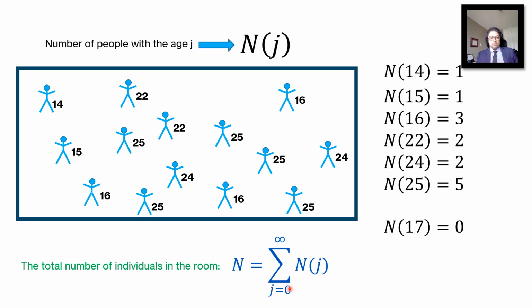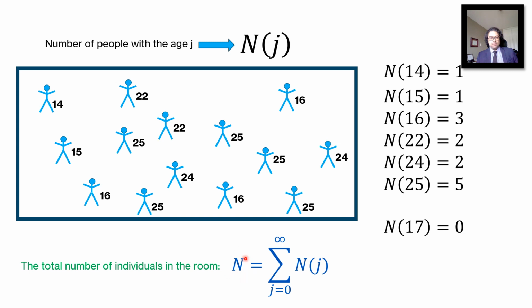Now, the total number of students in the room is just basically the sum of the numbers of students with a certain age. And in general, this sum can go all the way to infinity, and you can develop a compact notation for the number of total individuals.